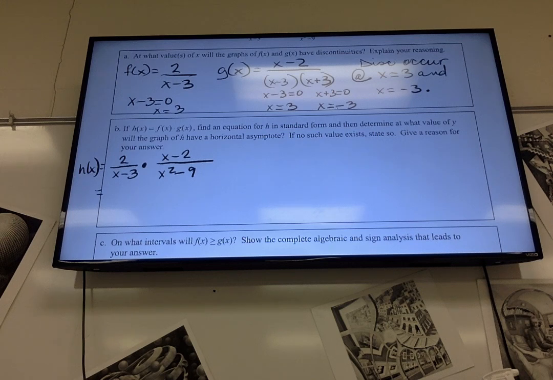So to find h of x, to multiply fractions, what do you do? Yeah, straight across. Top times top. So that's 2x minus 4.